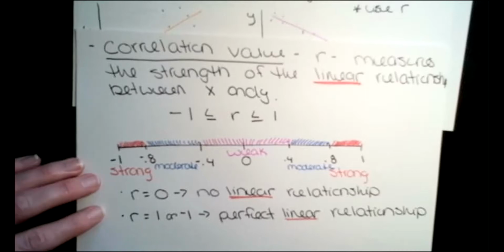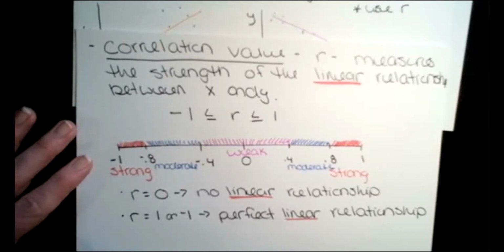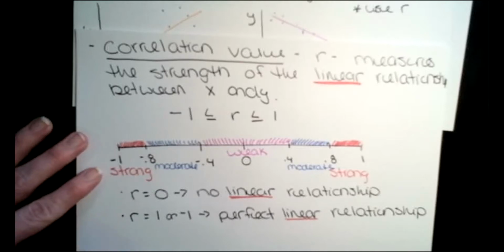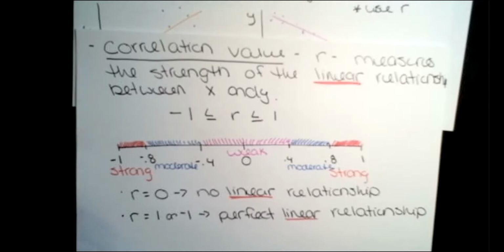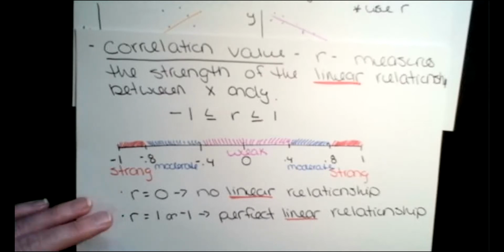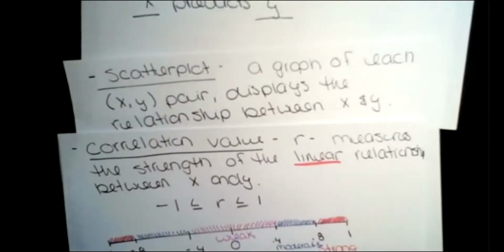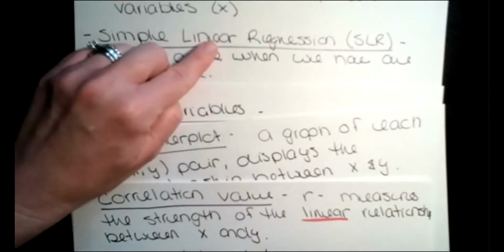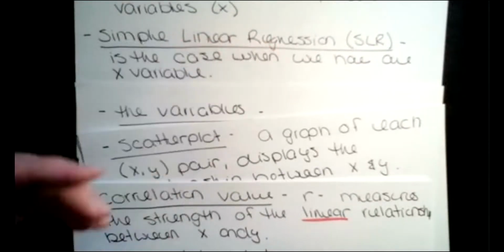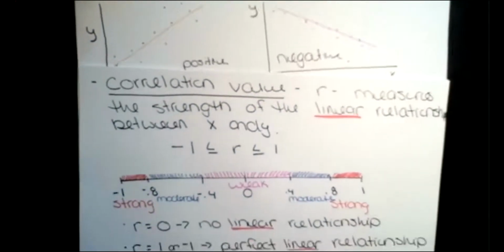So when we're looking at these, we interpret the scatter plot and the R value by just making a statement about the direction and the strength of our linear relationship. So when we're looking at our regression here, we're looking at simple linear regression. So that's what we're interested in, the linear relationship, okay?